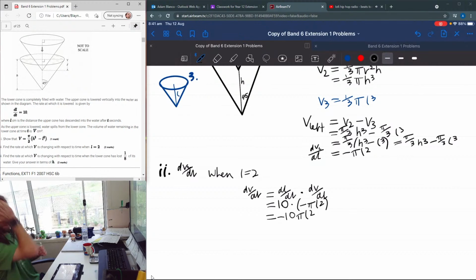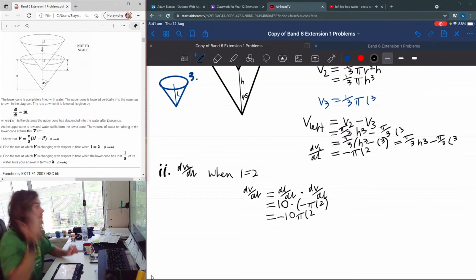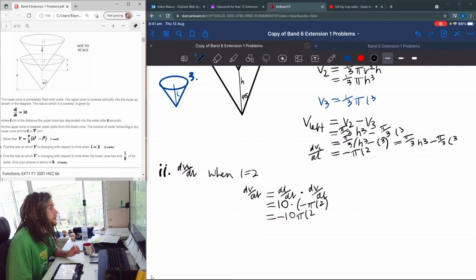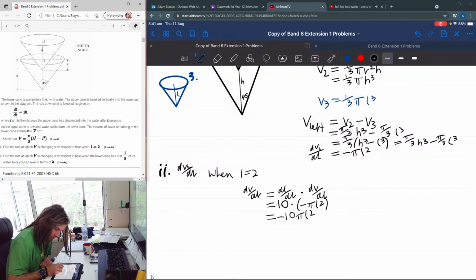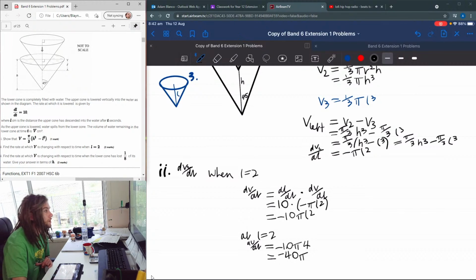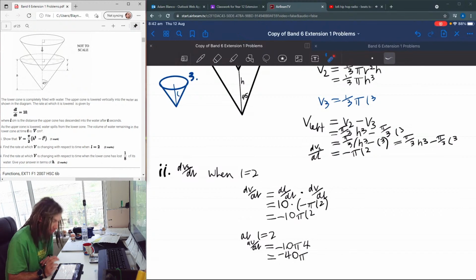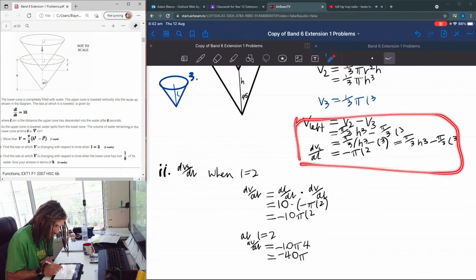Okay, we got there. What was the point of doing that? Find the rate at which it's changing. Oh, when L is 2. Okay, so at L equals 2, dV dt is minus 10 pi times 4, which is minus 40 pi. Is that it? That was risky because I named everything, but the question already had things named. They said that V was the volume left, which was what I called volume left.